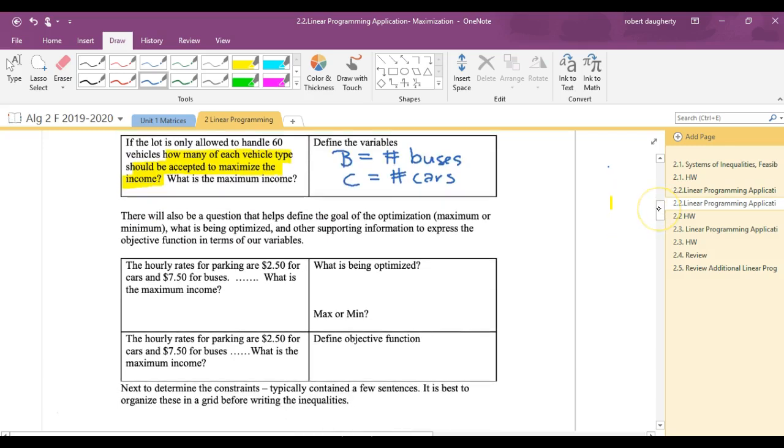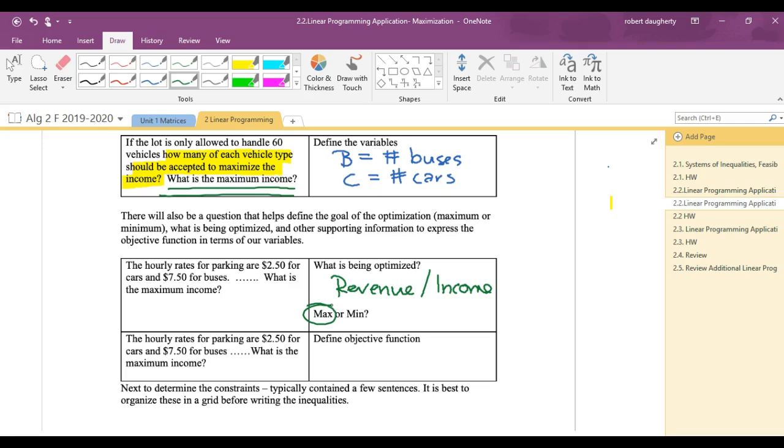The next thing I'm asked to do is to define my objective function. So what is it they're after in this problem? They are after me finding the maximum income or revenue, okay? So what's being optimized here? It's the revenue or income. I am being asked to maximize that. So where do I get the function that tells me that?